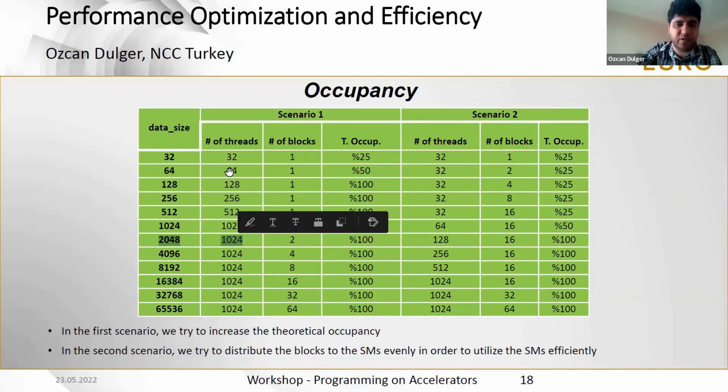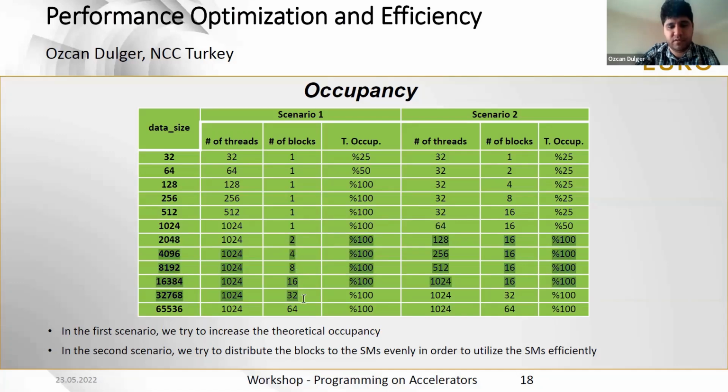And we fix the number of threads to 1024 because of the limitation. As you see, at first one block is created until the data size is 2^11. One block is created, and the number of blocks doubles as the data size doubles.